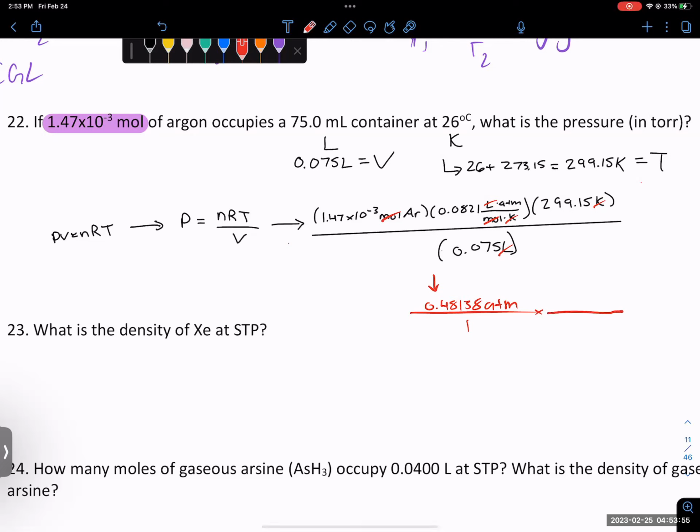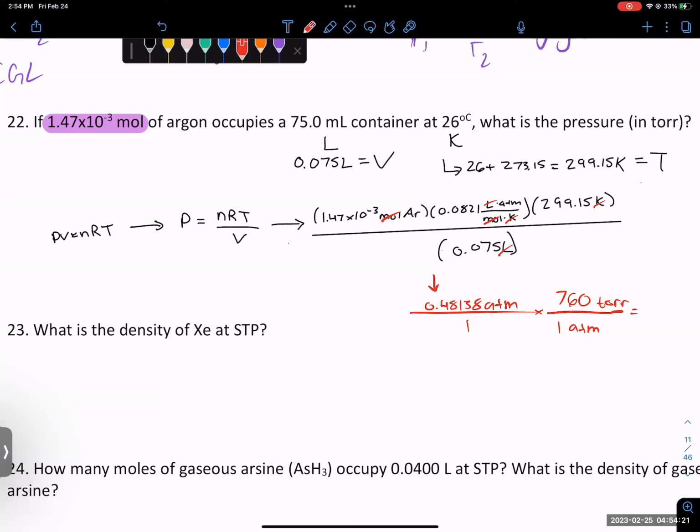So how many atmospheres equals a torr or vice versa? So 1 atm is 760 torr. What is that also the same as? 760 torr equals 760 what unit?